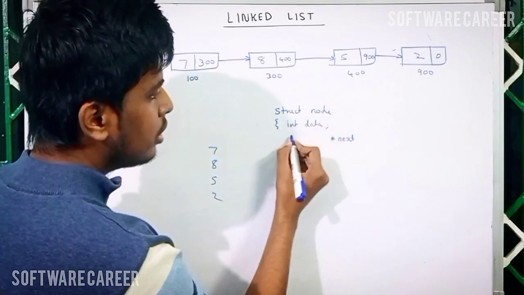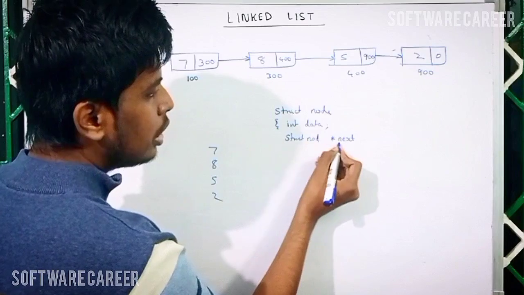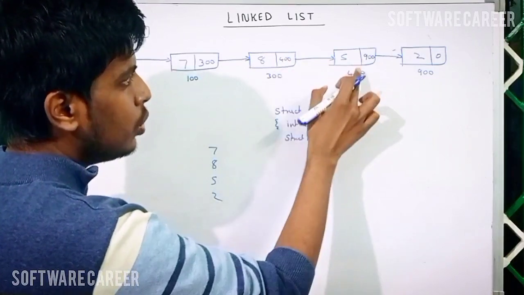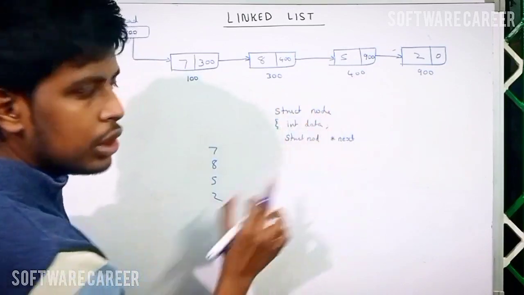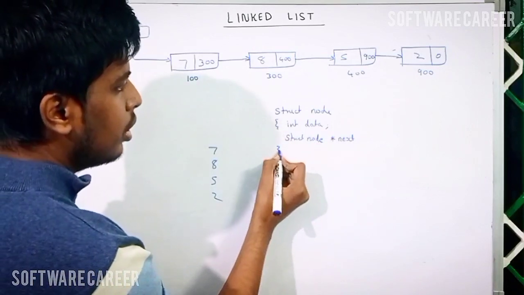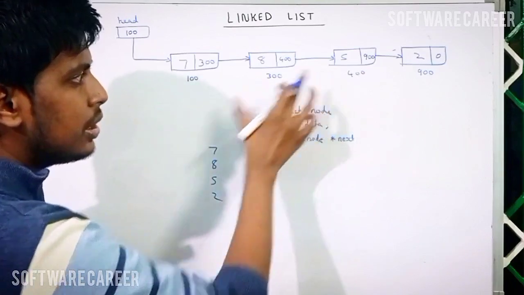So I am writing struct node. This pointer points towards a node which has the same structure as the previous node, so it again goes back into this. This is how you should write the code for defining the structure of a node.